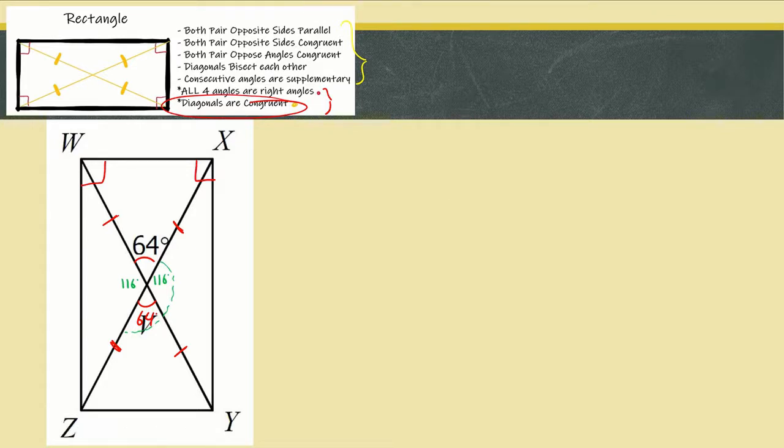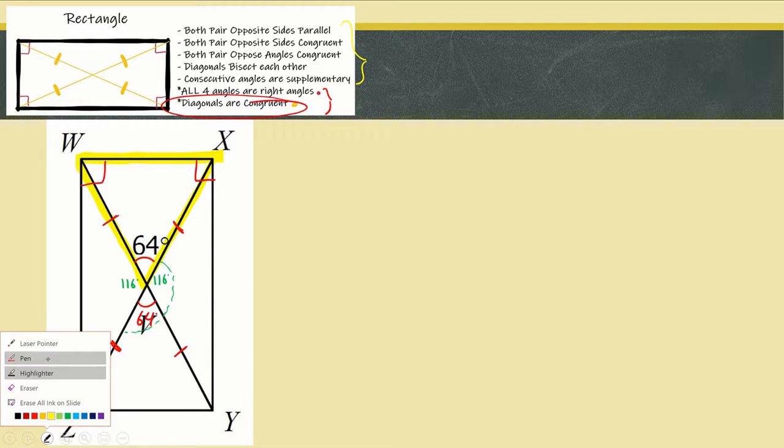And so now we're not stuck, but we have to be a little bit more clever, right? So I'm going to use my little highlighter here, and I'm going to highlight this triangle, and tell me what you notice. So notice how two of the sides have the same markings, which means that this is an isosceles triangle. And so for an isosceles triangle, remember, isosceles triangles have two sides that are the same, which means that it has two angles that are the same.